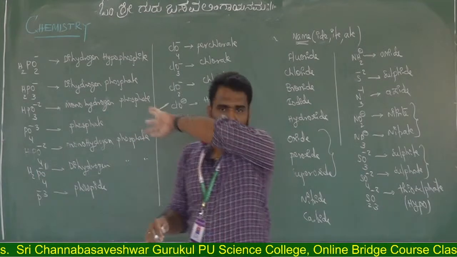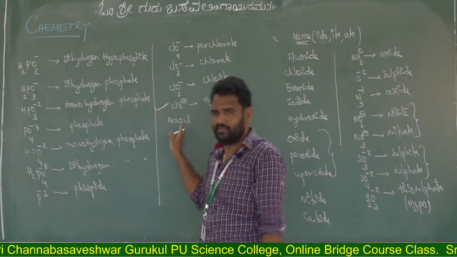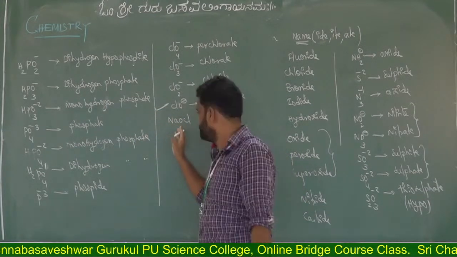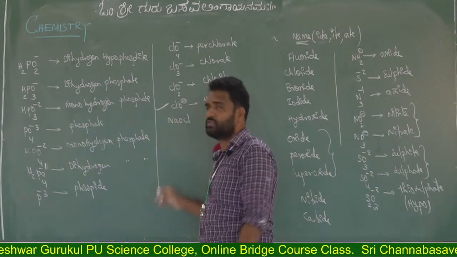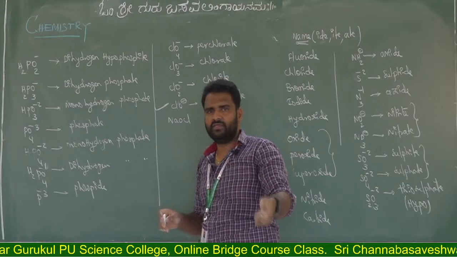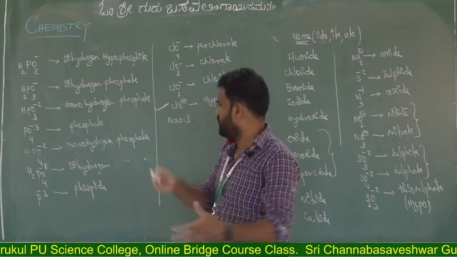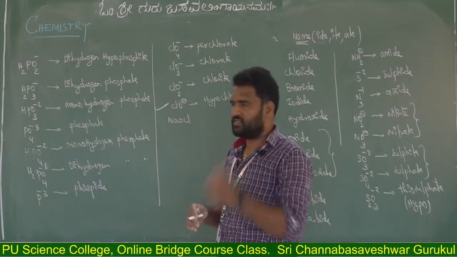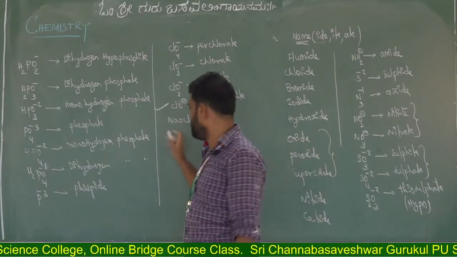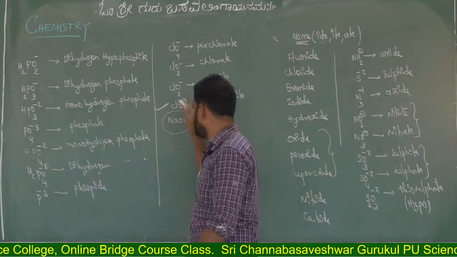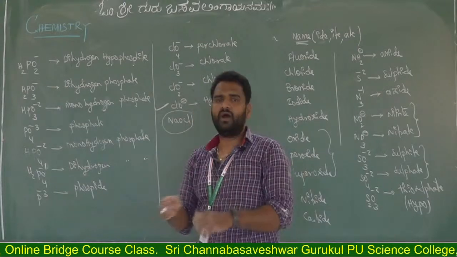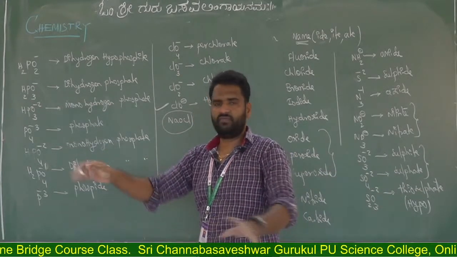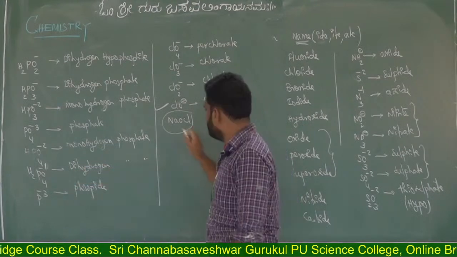Nowadays corona is one important panic virus. To kill this type of virus, we are spraying sodium hypochlorite solution. Let me explain why we are spraying sodium hypochlorite on the surface of floors and other things. What is the use here?